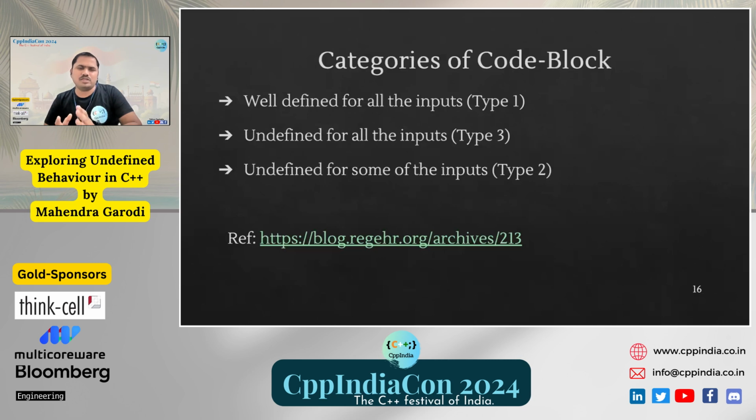So these are mostly runtime undefined behavior. I have taken these categories from one of the blogs, which gives a reference here. But this makes our life easy when we see the examples, to see how the compiler treats these categories differently.